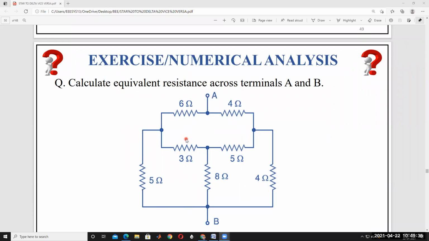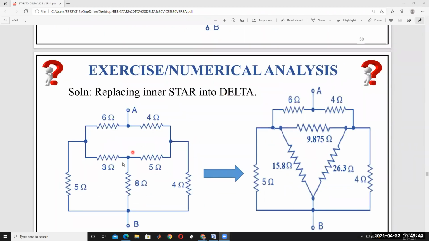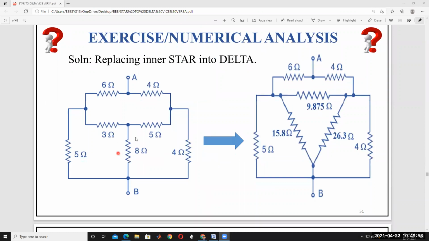First convert: this 3 ohm resistor, 5 ohm resistor, 8 ohm resistor are in star, right? 3, 5, 8, the three resistors are in star, replacing the star connection by delta. So it will be like this. This is the resistance between these two, and this is the resistance between these two.